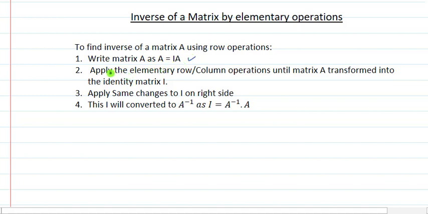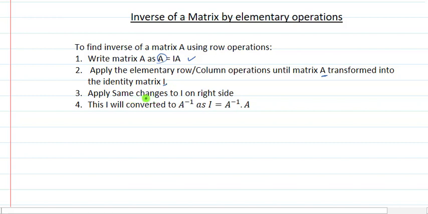Second step is, apply elementary row or column operations until the matrix A, the A which is on the left hand side, is transformed into the identity matrix. As we have seen, we can change the elements of rows and columns by applying row and column operations, so we will apply these operations until the matrix A is converted to matrix I.